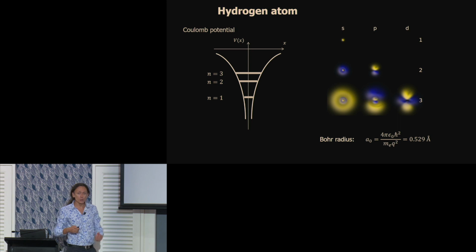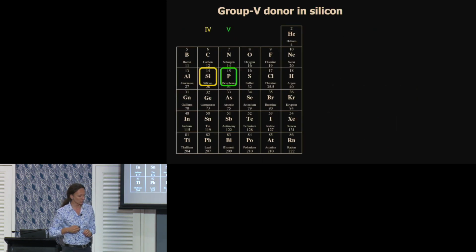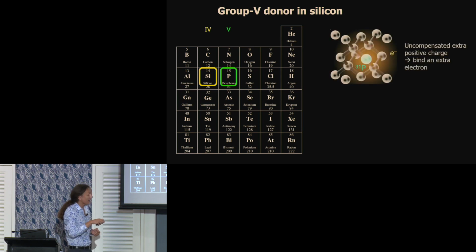So now imagine you could make a hydrogen atom in silicon, like I gave you the example of the silicon box. Now imagine the hydrogen atom in silicon. What would that do? It turns out you can make a very good equivalent of the hydrogen atom in silicon by taking a group 5 donor. If you replace an atom of silicon in the silicon lattice with an atom, for example, of phosphorus, phosphorus has one extra positive charge, which is not compensated by all the bonds that it makes with the silicon atoms in the vicinity.